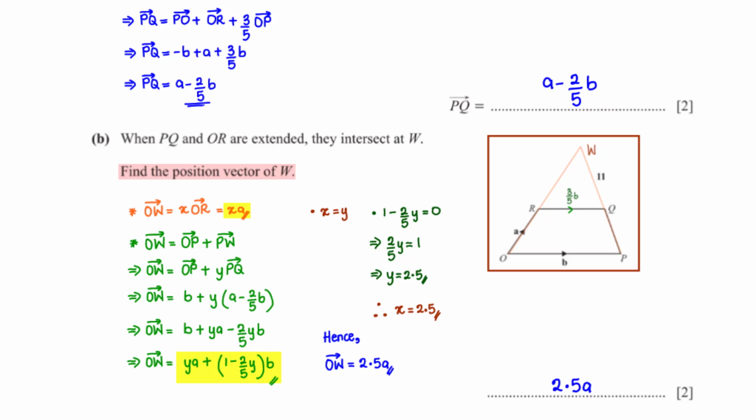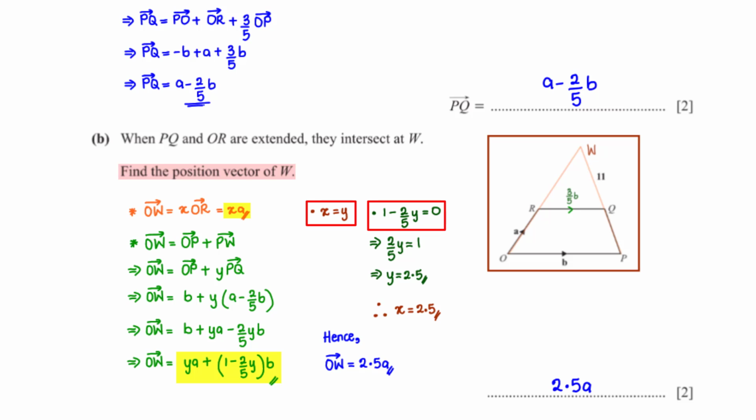Now that we have two expressions for OW, we can compare the coefficients of A and B to find the values of x and y. When we compare the coefficients of A, we have x equals y. And when we compare the coefficients of B, we have 1 minus 2/5y equals 0.